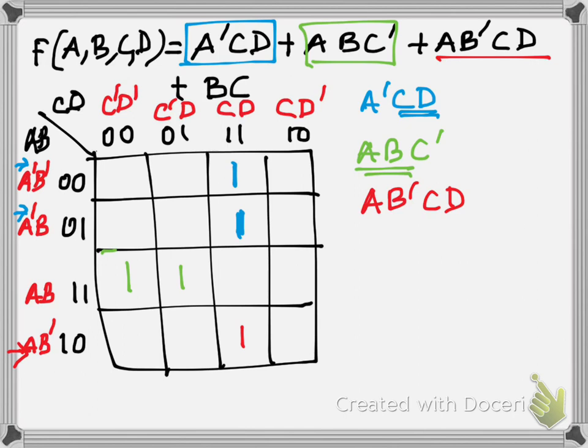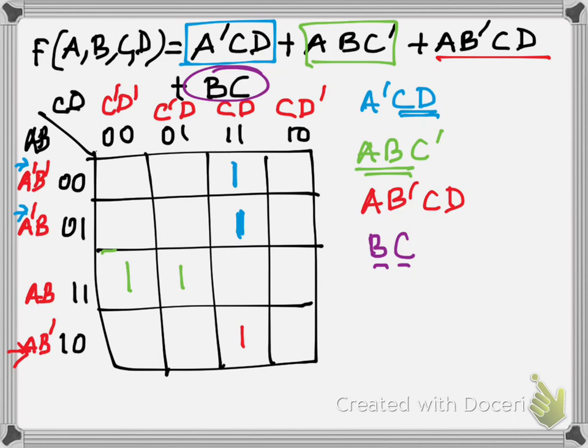Okay, and then last is our 4th term, which is a 2-variable one. So B, C. Okay, so B, C. So here I see 2 variables are missing. And also another problem is that B and C are in 2 different planes. That is, one is in the rows and the other is in the columns.